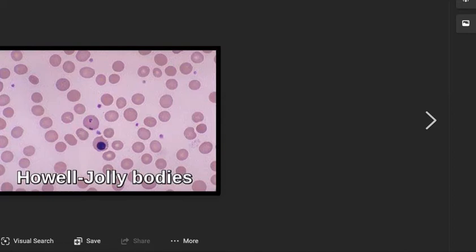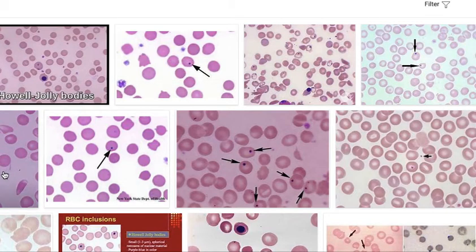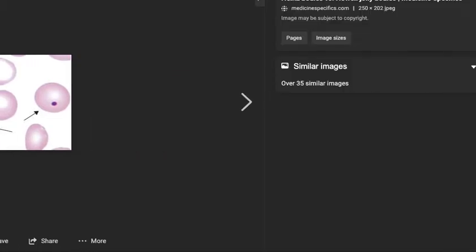Okay, so they are called Howell Jolly bodies. See, this one is Howell Jolly bodies, right? There are many things, I'm just showing you the common ones.